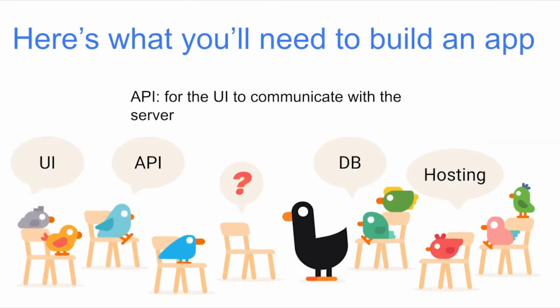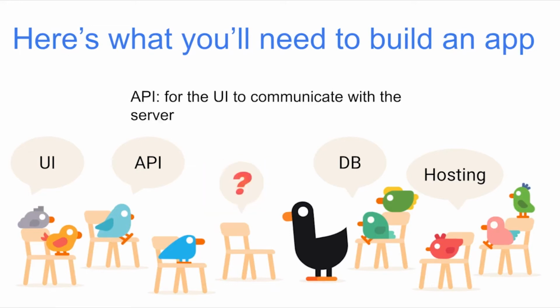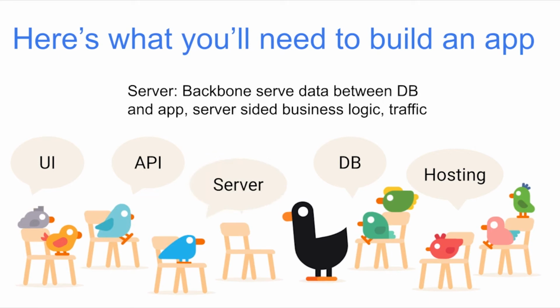Sometimes you would also need an API to communicate between your application and the server to send and receive data. So you will of course need a server, which is the backbone that handles all the traffic between your application, your users, and the data. And if you have business logic, this is where you would normally put it.